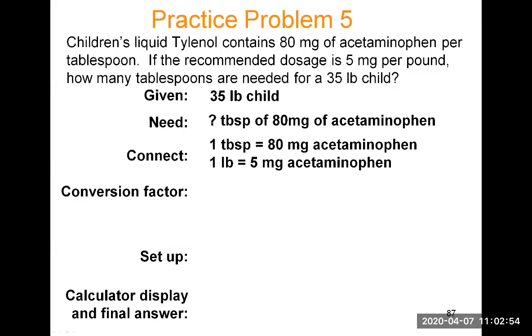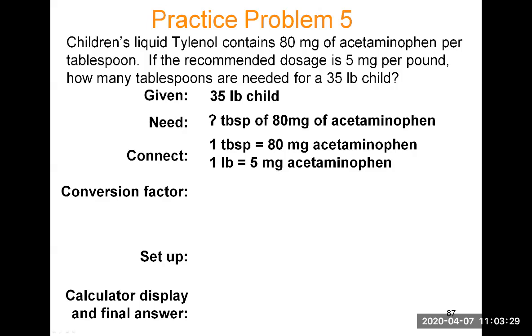It's all in the text. You have to know how to interpret the text. It's very important to take the time to read carefully and see keywords like per tablespoon, per pound, that should ring a bell that this means an equality. So 1 tablespoon equals 80 milligrams of acetaminophen, and 1 pound equals 5 milligrams of acetaminophen.